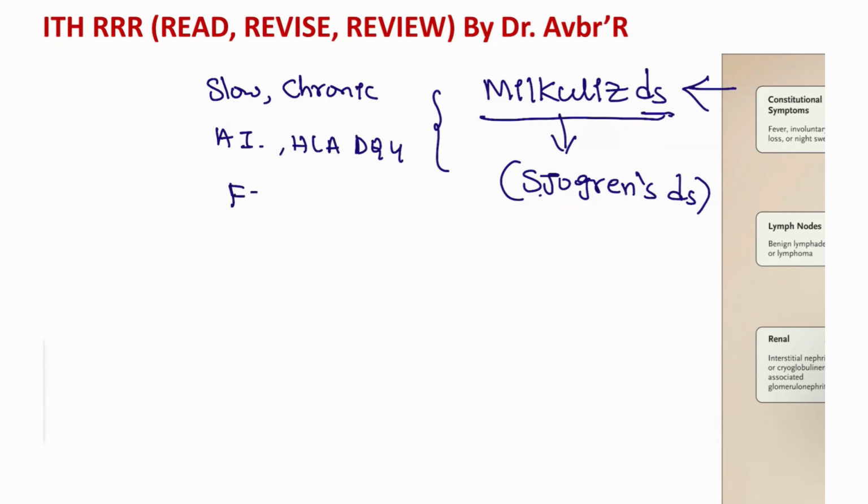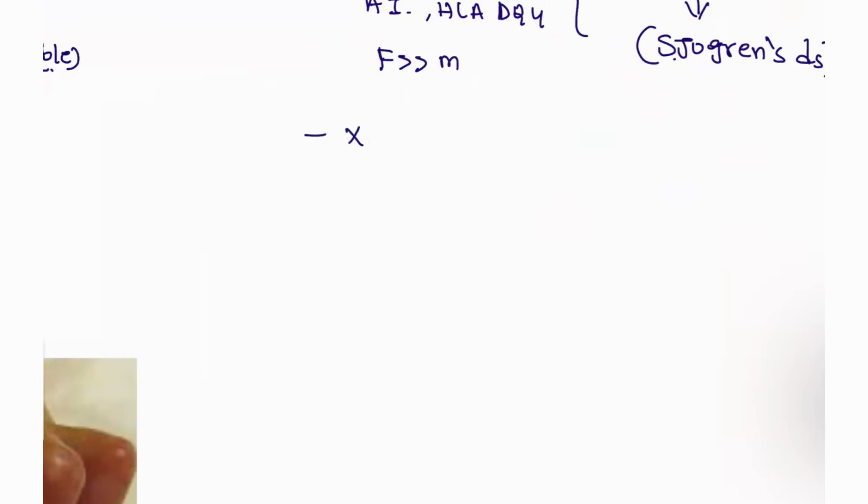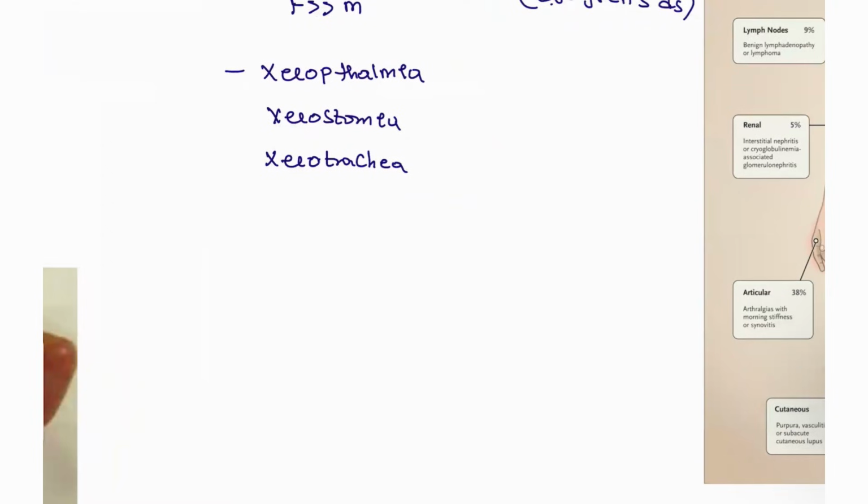Most commonly females are involved rather than males. And what are the symptoms? The patient will have xerophthalmia, so dry eyes, xerostomia, and also xerotrachea. Whichever smooth surfaces are filled with fluid are going to be dry. So this is seen in this patient.